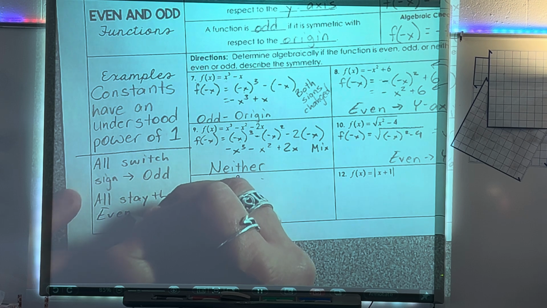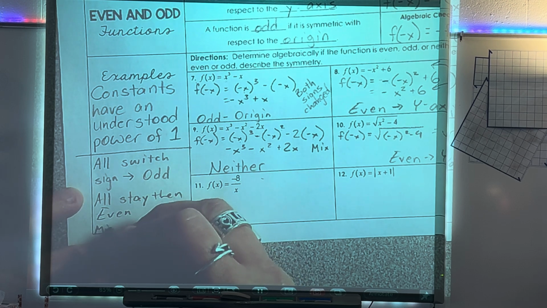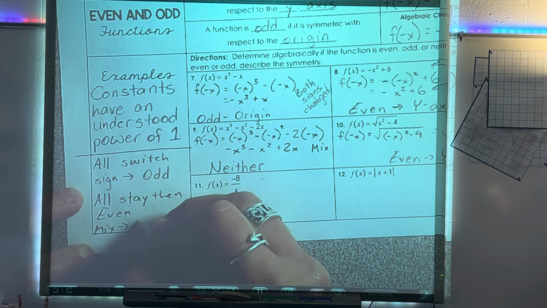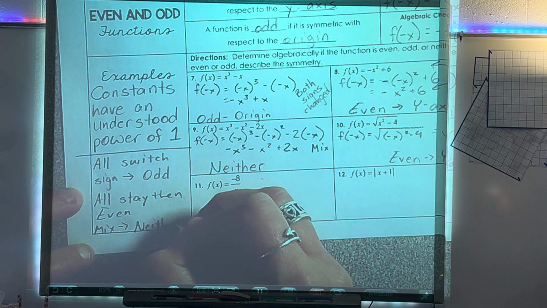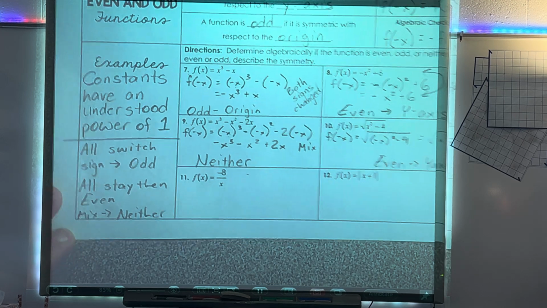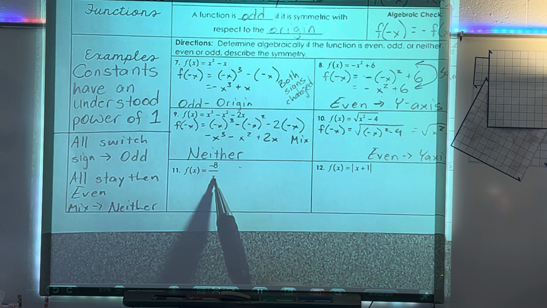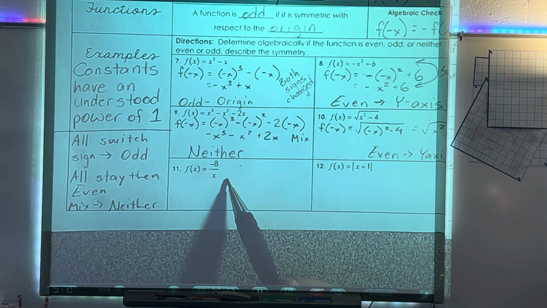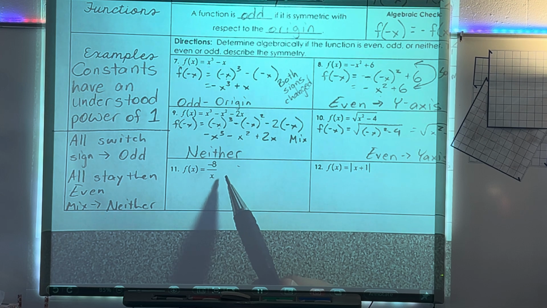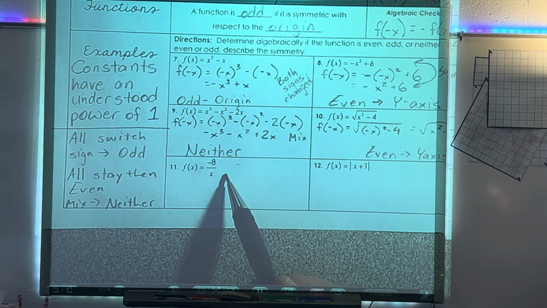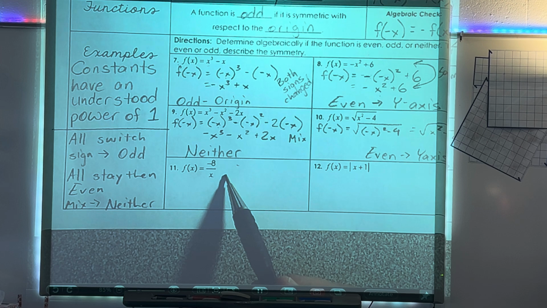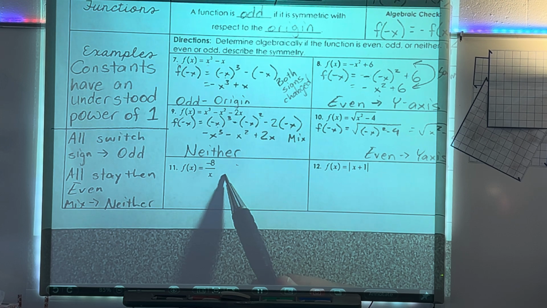If it's mixed, neither. So we should be able to do this without really even doing any work. So I have an x to an odd power, because that's to the power of 1, right? So is that x going to stay or is it going to change? It's going to change, right? Are we okay there?